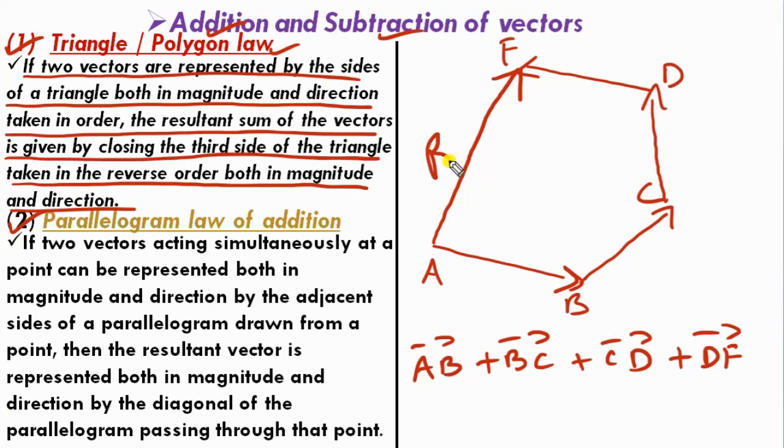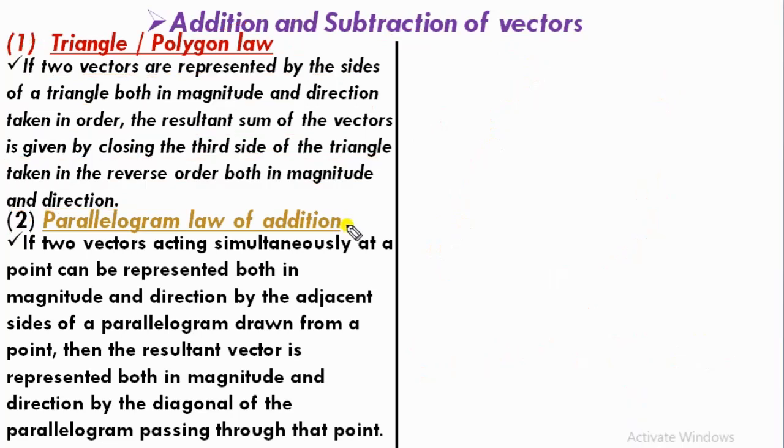Why have we taken the direction from A to F, not from F to A? Because we are going first from A to B, then from B to C, then from C to D, then D to F. So the direction of the resultant would be from A to F, which is in the opposite order.